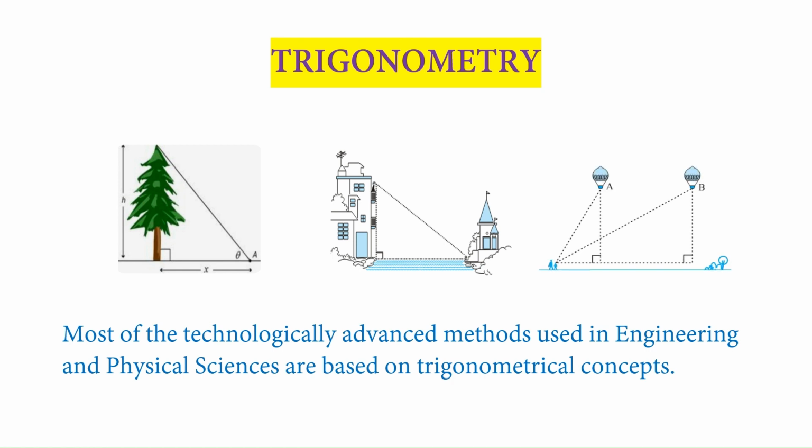Not only that, we can also tell the height at which a hot air balloon, an aeroplane or a bird is flying. These concepts will be covered in later videos. We will look into the basics of trigonometry now.